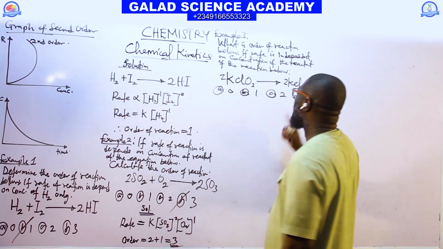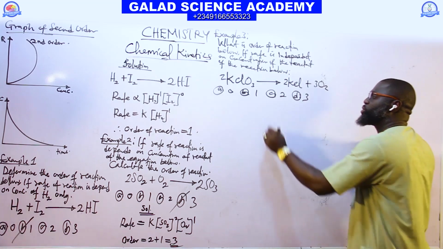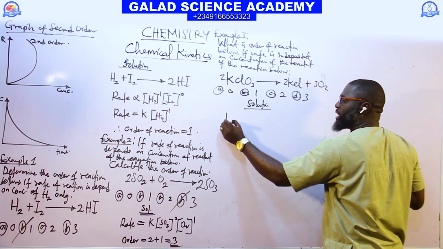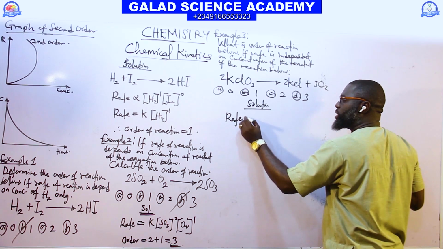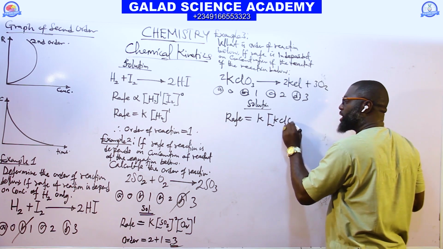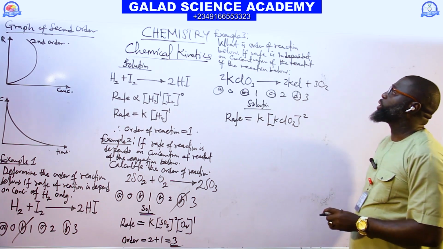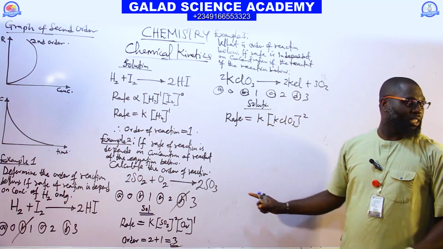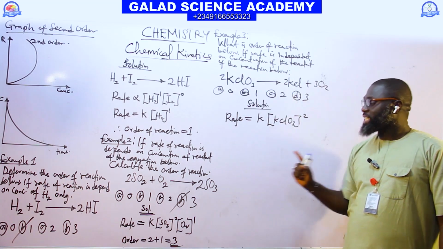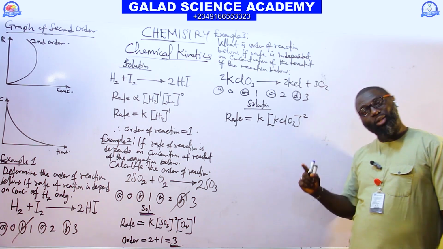Well, for this, the rate is independent of the conc of the reactant. It simply means it has nothing to do with the reactant. Rate will be equal to K, conc of KClO3 to the power 2. But we are told that you cannot use this balanced equation to determine the rate of reaction. You can determine the rate of reaction by experimental method.